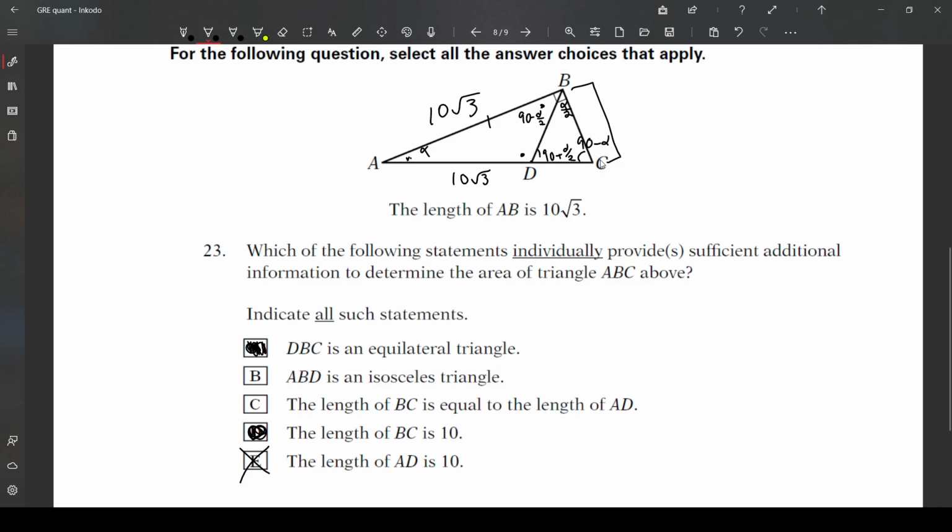So let's call this X. Again, we want to be able to show that in these cases we can find variable, like X doesn't have to be fixed. If X isn't fixed, then the area is not fixed. Because we know the area is in direct proportion to X, so if X is changing, so is the area.